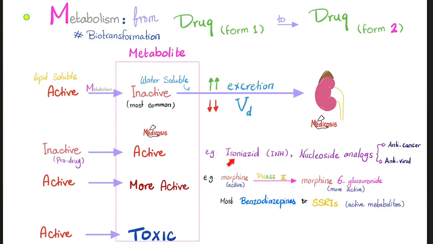A classic example is isoniazid. Another mode of metabolism is to convert the drug from active to even more active, such as morphine becoming morphine 6-glucuronide. And there is the dreaded metabolism of turning the active into toxic. All of these are examples of biotransformation, metabolism.